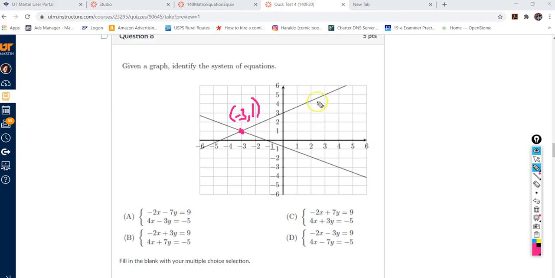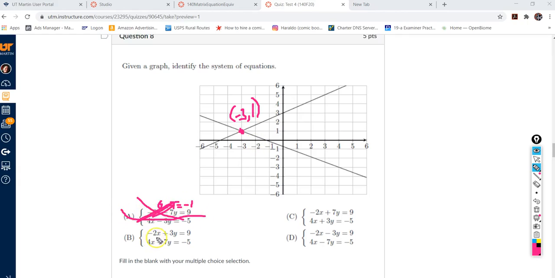And since it's an intersection point, it has to be true for both formulas. So if I plug it into both formulas, it should work. Now with this, if I come to a formula and it doesn't work, I can automatically rule it out. So this would be -2 times -3, which would be +6, minus 7 times 1. And that would equal -1. But here it says it equals -9. And so because of that, there's no way it can be that one.